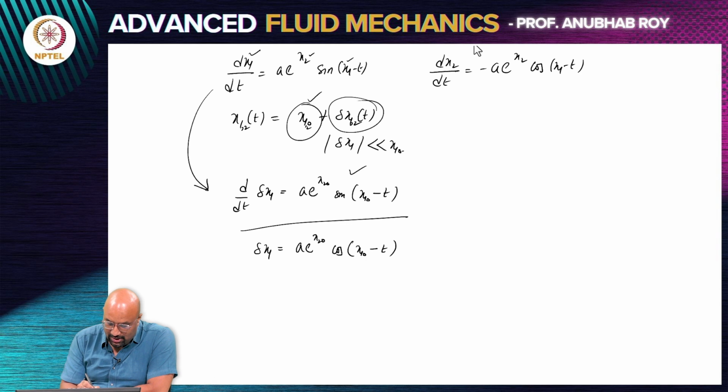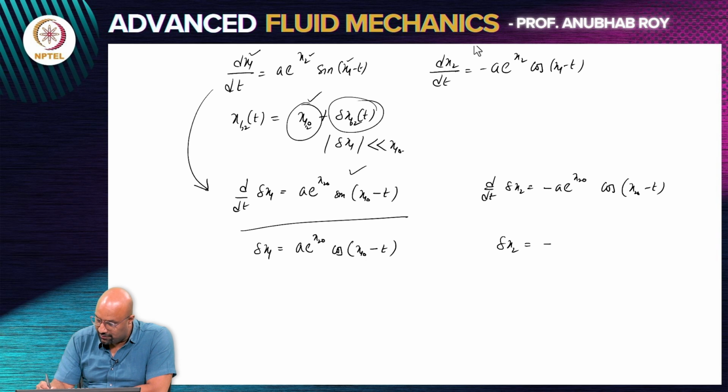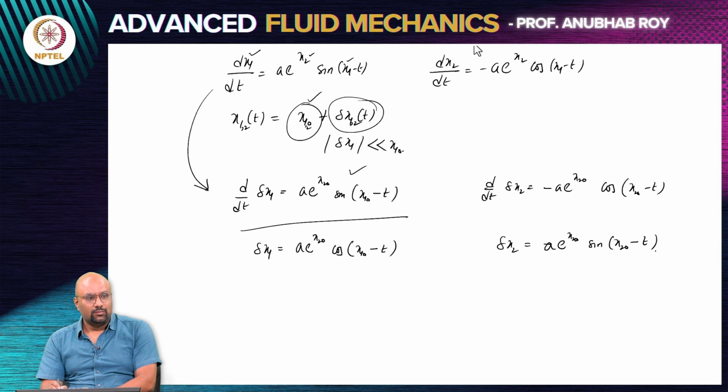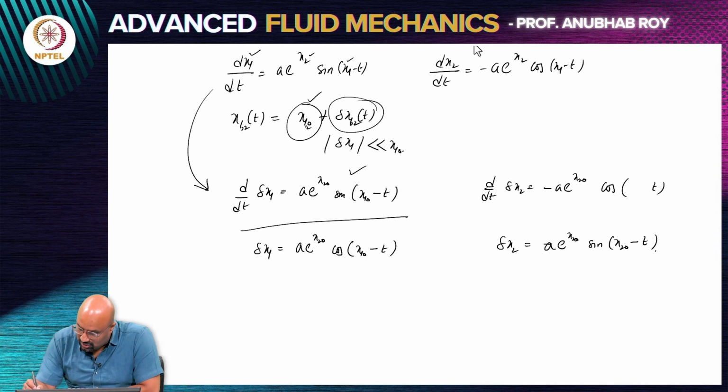Similarly, if I solve for the other one, d/dt of delta x2 equals minus a e^(x2 0) cos(x1 0 minus t), and integrate it just like the previous one, I will have a e^(x2 0) sin(x1 0 minus t), where this should be x1 0.